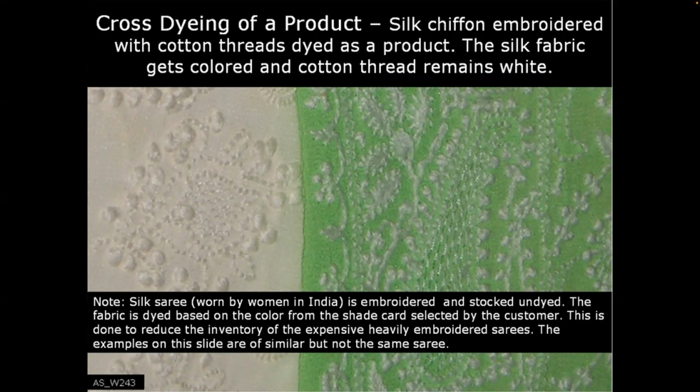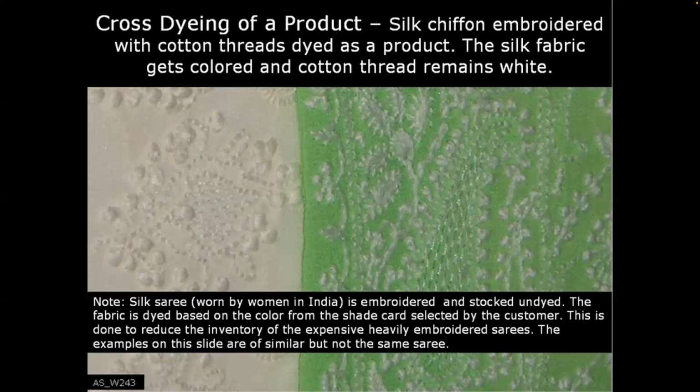So when you dye this fabric, you're using a certain dye that will only be picked up by the base of this fabric, and the embroidery yarns are not going to pick up the color. Okay, so it's this green shade. Embroidery yarns didn't pick up any of that green, so they remain white.